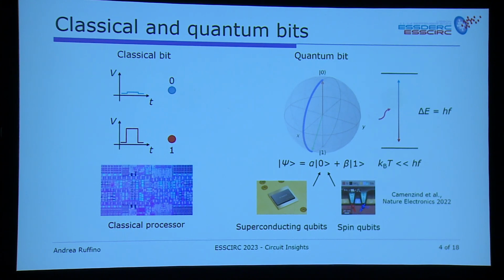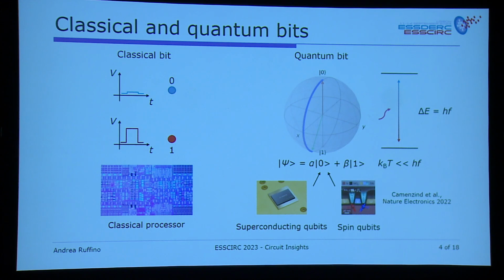In quantum, the unit of information is the quantum bit, which is represented by a linear superposition with complex coefficients of the states 0 and 1. This can be represented graphically by a vector in a three-dimensional sphere, which is called the Bloch sphere, where the vector can occupy any point on its surface.